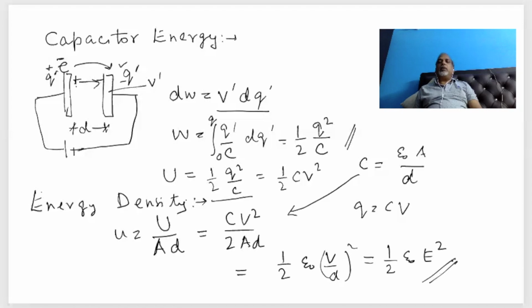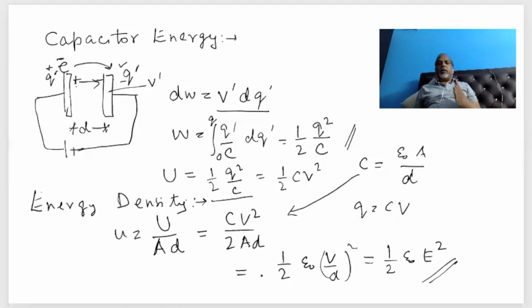So this is also a very important term, energy density. Now you can see it is independent of capacitance. It is dependent only on the electric field. And so though we have derived this formula for the parallel plate capacitor, generally it is true wherever you find an electric field.